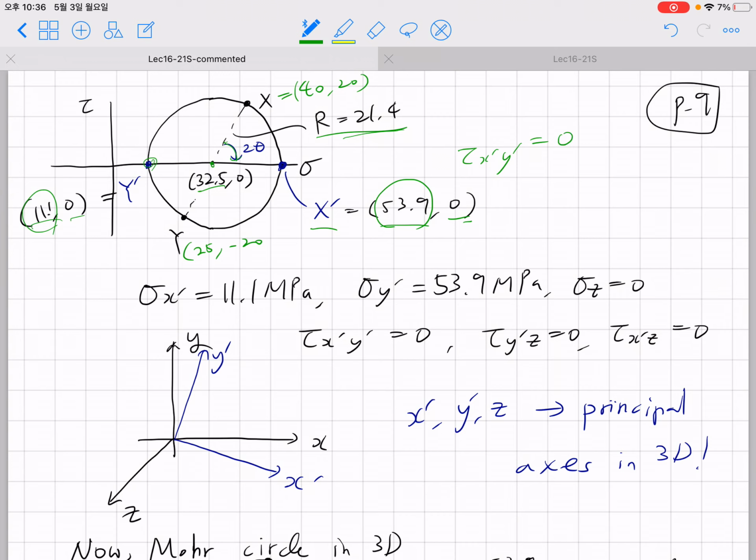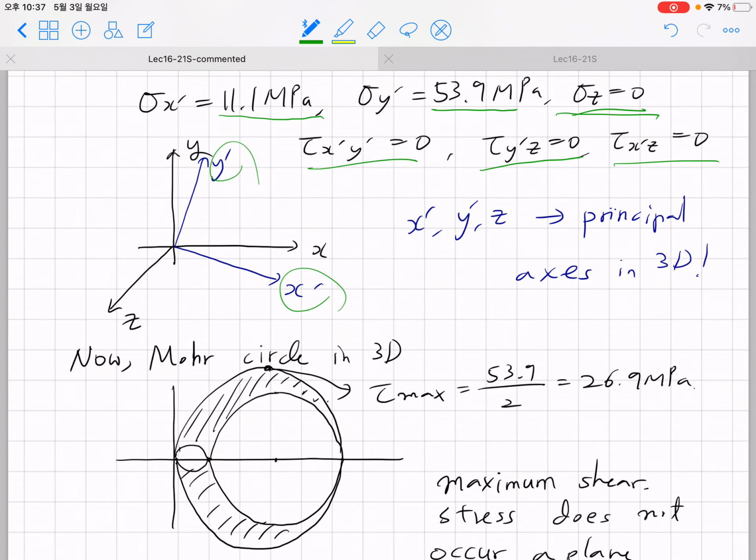What you can realize is that the shear stress, including the z component, is 0. We already know that sigma z is 0, and we considered the rotation about the z-axis. At that specific coordinate system x prime, y prime, we have 11.1, 53.9, and 0 as the three principal stresses.